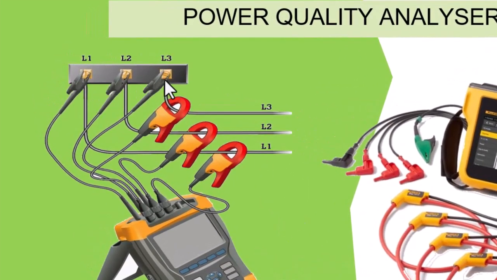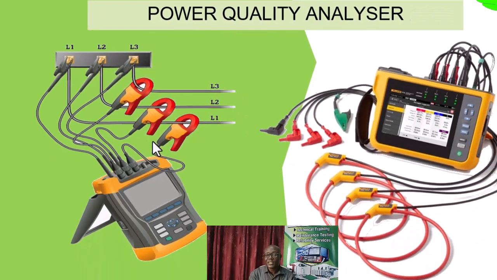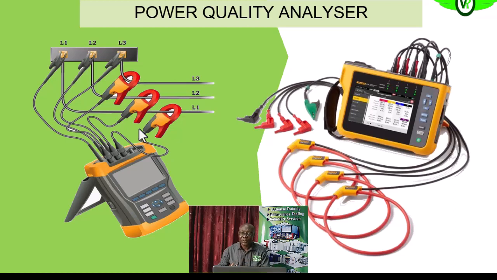Now we can actually place this in two ways. We can place it at the input into our facility, where the power system interfaces with our facility, so that we will know if what is entering the system is of the required quality.